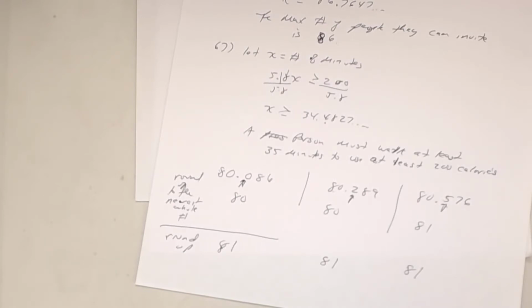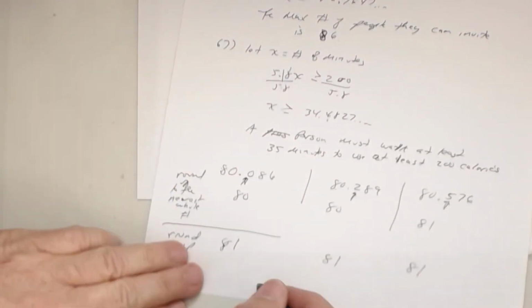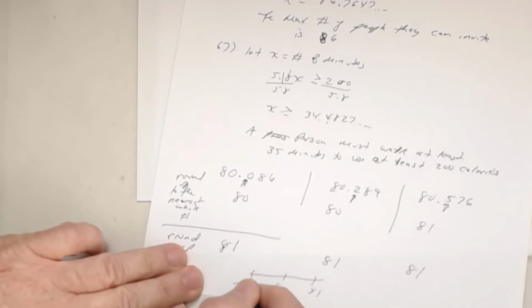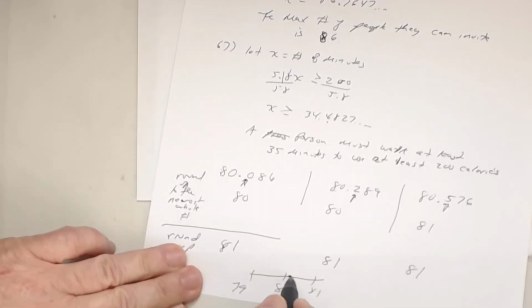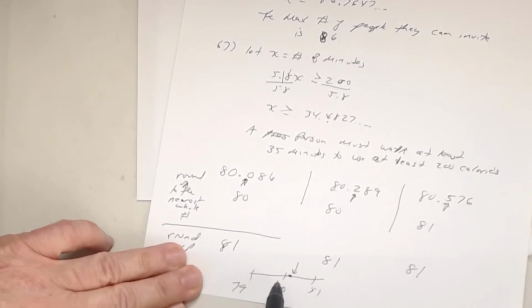No, if you look at this in terms of a number line, this is 80, this is 81, and this is 79, right? This number right here is more than 80, so let's say it's about here. If I say round down, then what's the next whole number below it? 80. So sometimes it helps if you look at the number line.